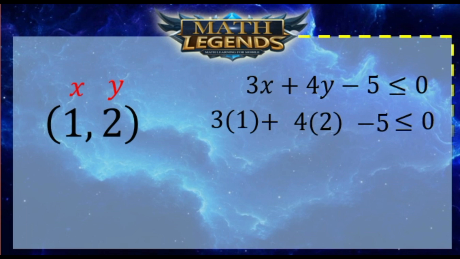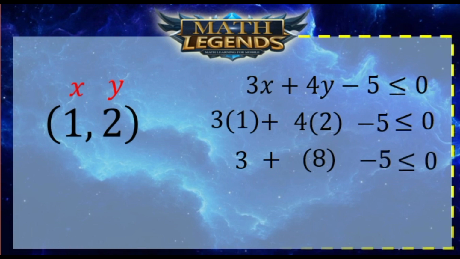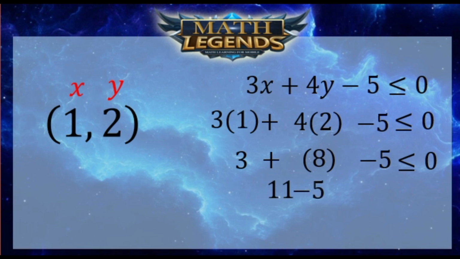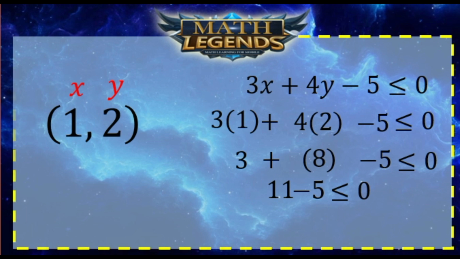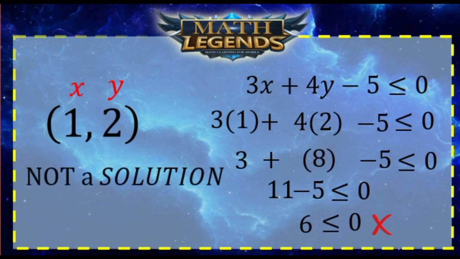Here we have 3 times 1, which is 3, plus 4 times 2, which is 8, minus 5, less than or equal to 0. 3 plus 8 is 11, minus 5, less than or equal to 0. 11 minus 5 is 6, less than or equal to 0. Here, we could see that it is false that 6 is less than 0. So therefore, we could say 1 and 2 is not a solution of our given linear inequality.